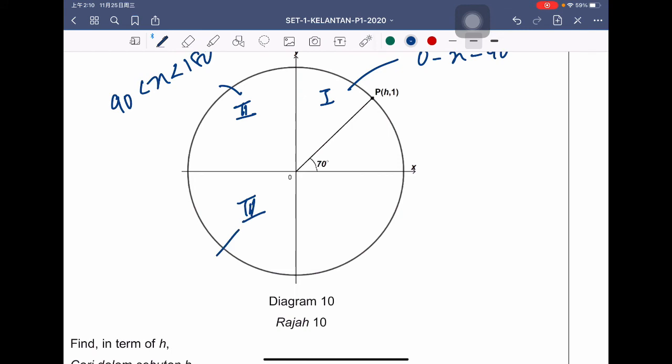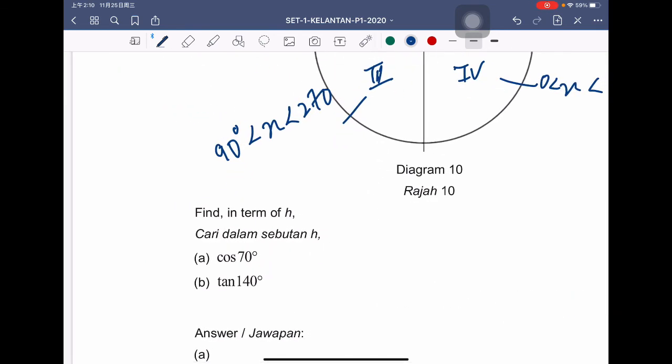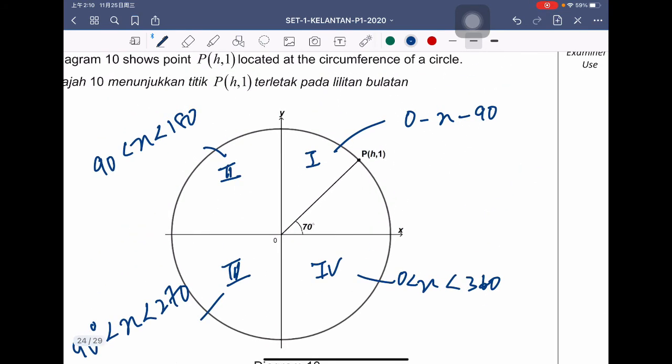The third quadrant should be between 180 and 270 degrees, and the last quadrant, the angle should be between 270 and 360 degrees. Since the question asks us to find 70 degrees, this angle is located at the first quadrant. So this is the first step that we need to do.